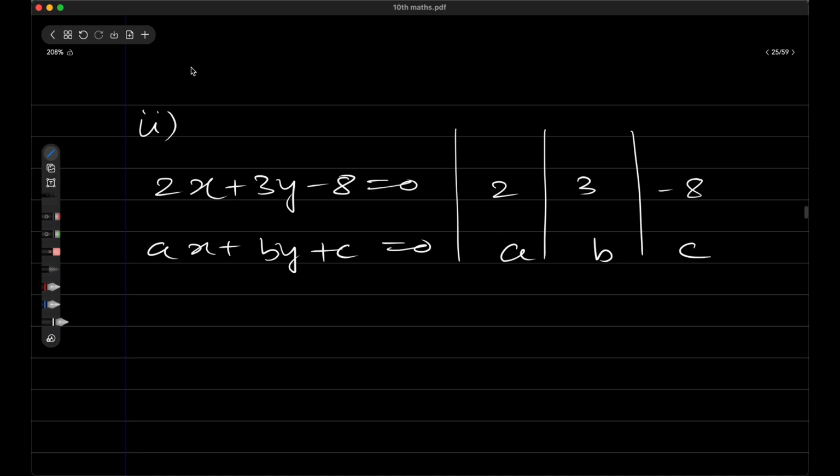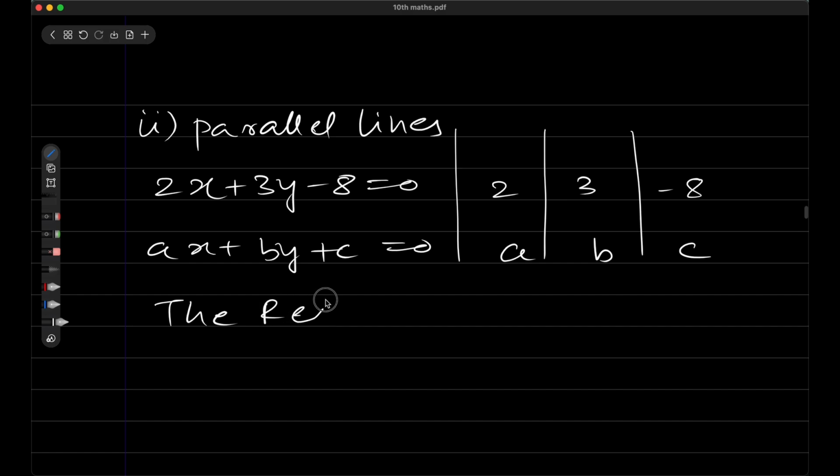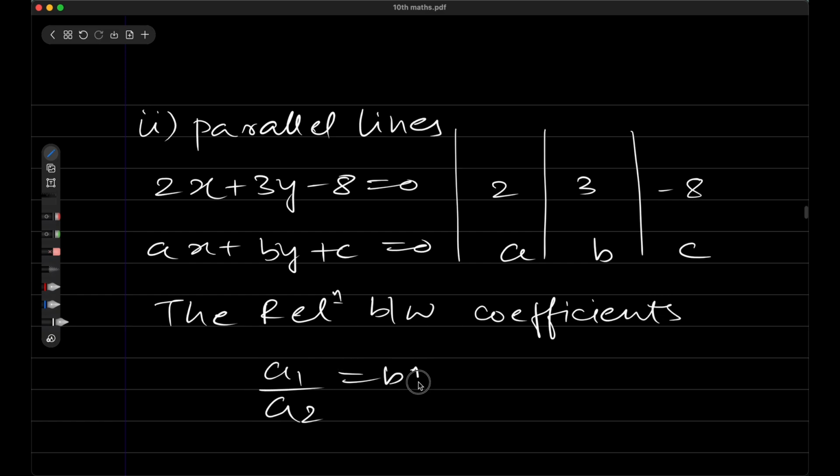For the parallel lines, the relation between coefficients is a1 upon a2 equals to b1 upon b2 not equals to c1 upon c2.